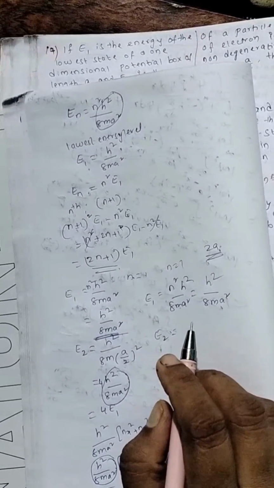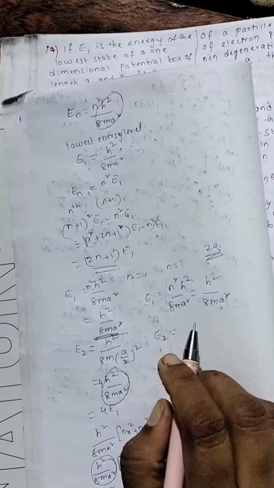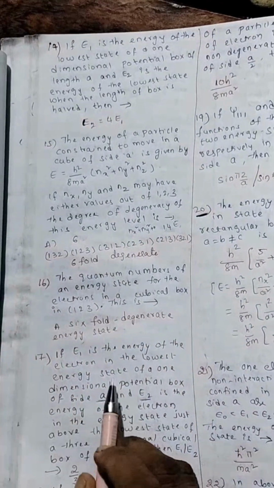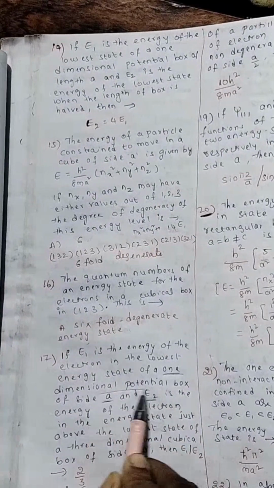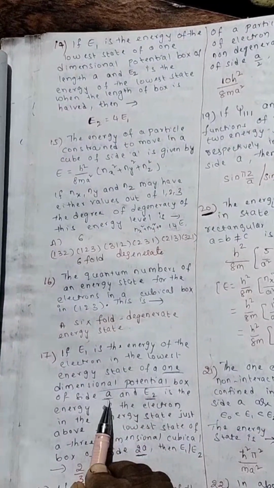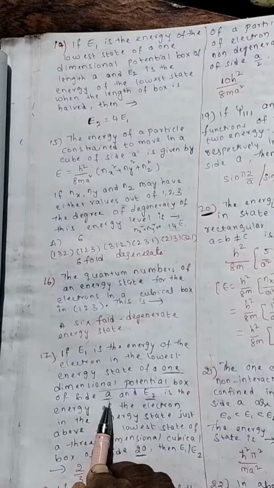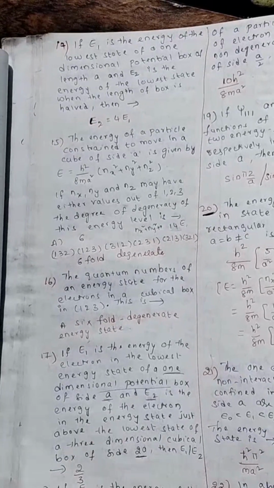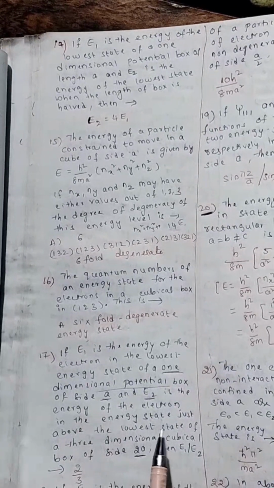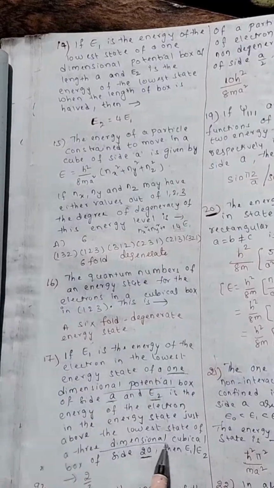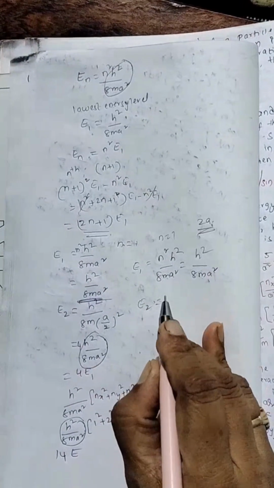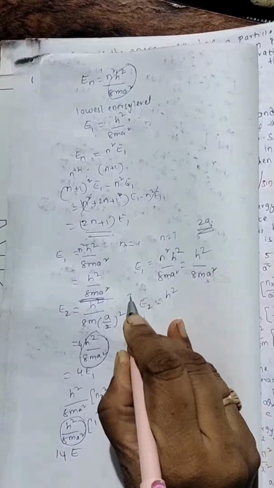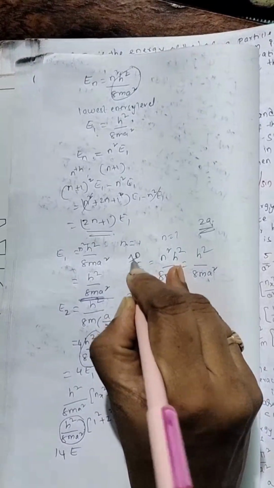For 3-dimensional, he said. Here you see, for the lowest energy level of the 1-dimensional potential box of side a, the energy we got is h²/8ma² with n equal to 1. Next, he said a 3-dimensional cubical box of side 2a. This is 3D, and that is the 1D box.